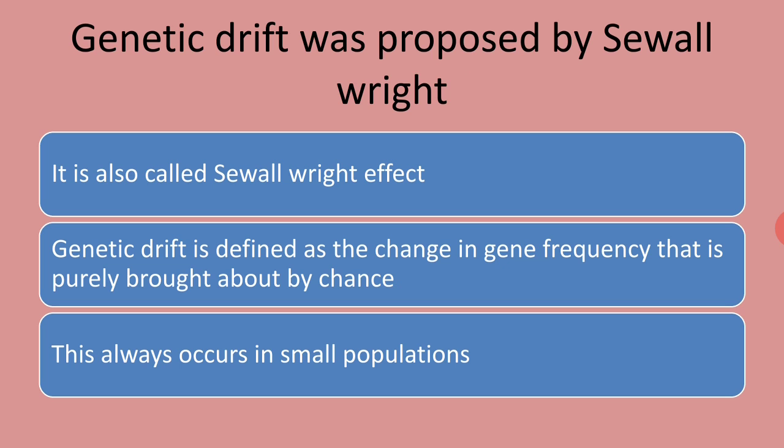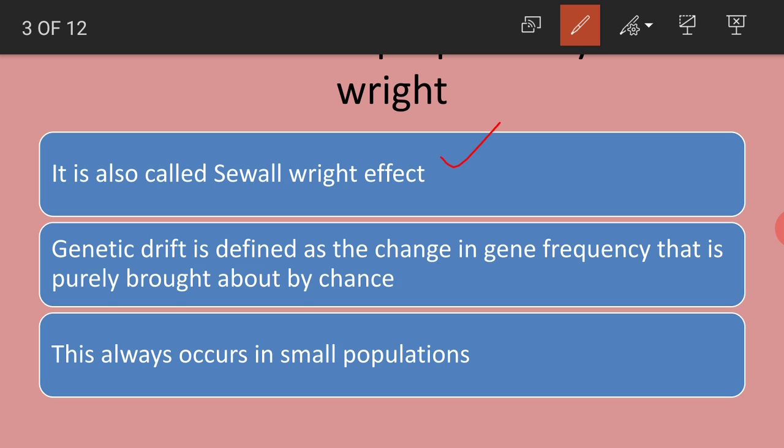Genetic drift was proposed by Sewall Wright. Hence, it is also called the Sewall Wright effect. Genetic drift is defined as the change in gene frequency that is purely brought about by chance. The gene frequency is changed either to 1 or to 0.